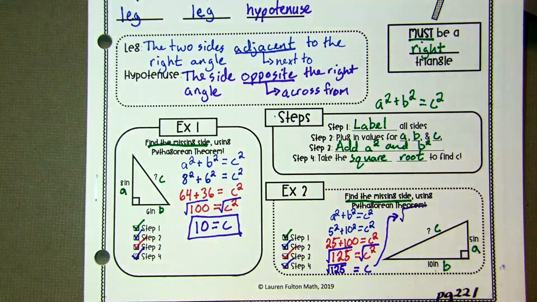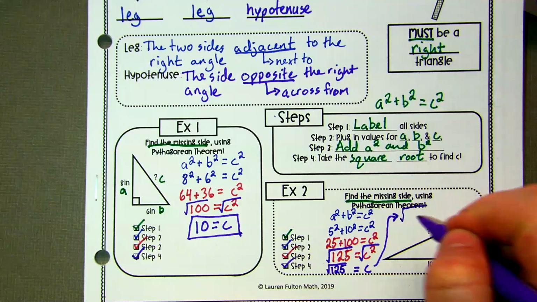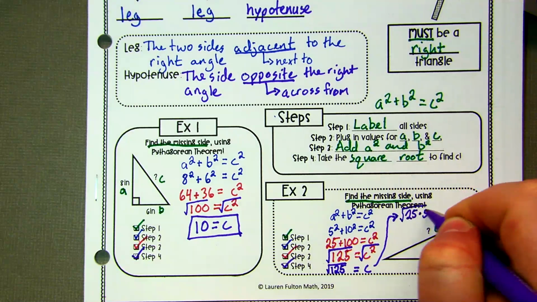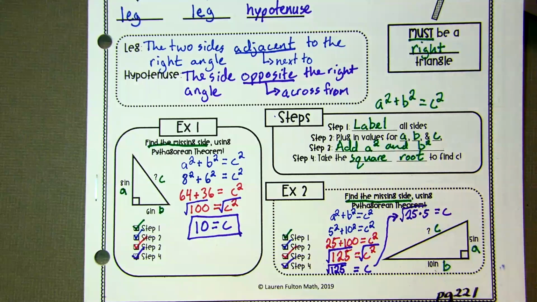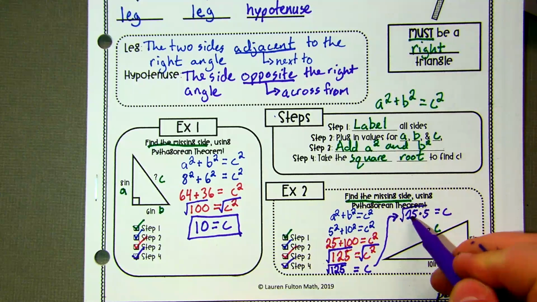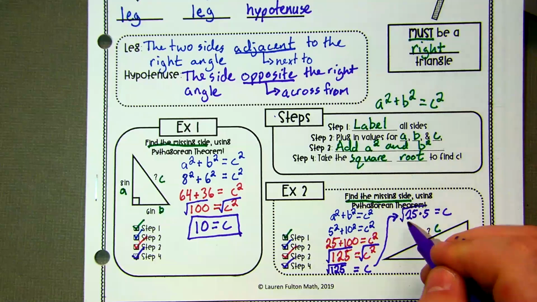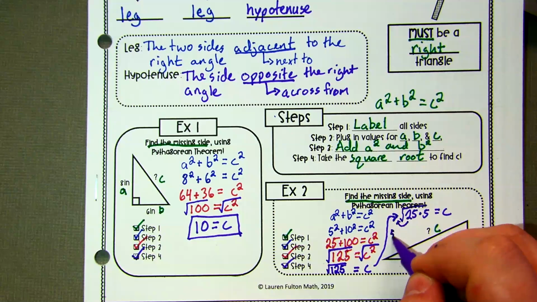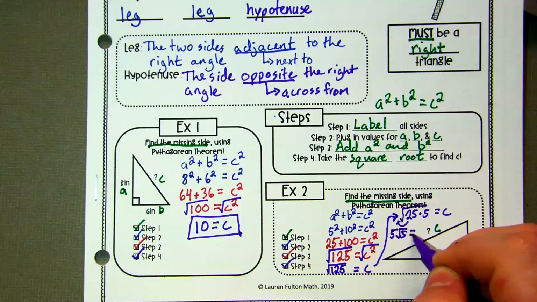So we can write 125 as 25 times 5. And we notice this 25 here, that's our perfect square. So we can pull it outside of the radical, and we get 5 radical 5 equals C.